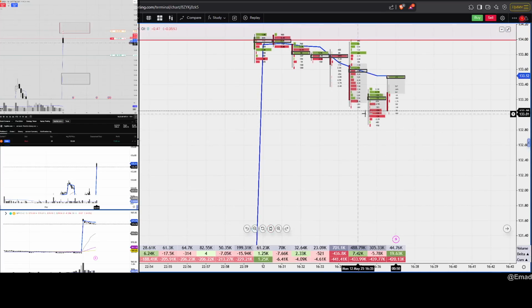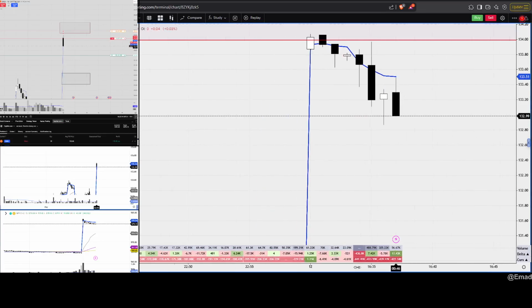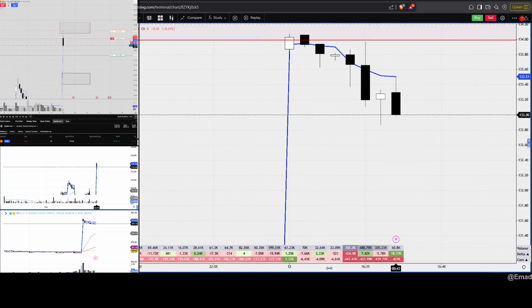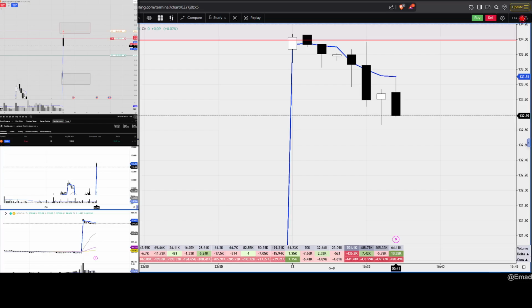$7.2 sellers being absorbed, but choppiness is something I expect. I'm seeing buy regression step in. No, I don't like this.